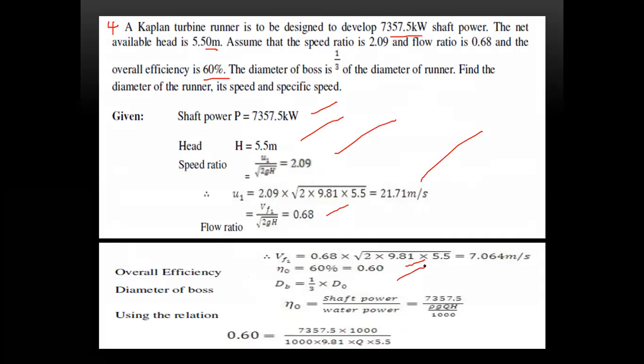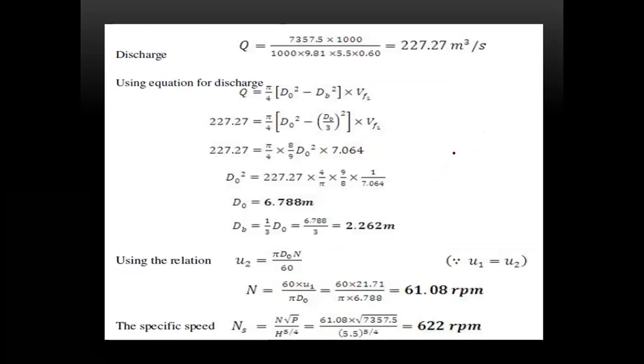The diameter of the boss Db, and using the relation of shaft power by water power, you are getting this one. Now the discharge Q is equals to 227.27. By using the equation for discharge, keep on solving this one.